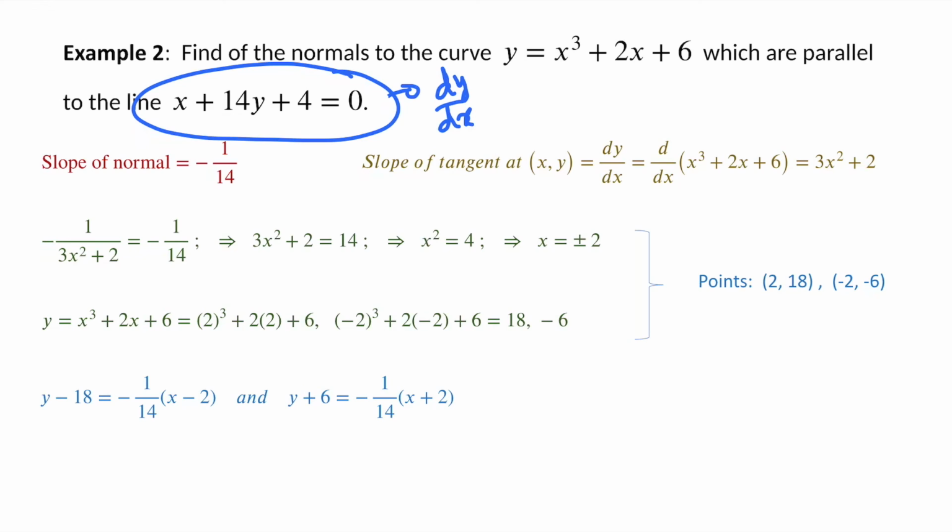Please remember here that although these two normals have the same slope, given here by minus 1 by 14, the equations are not the same, because those two normals don't represent the same straight line. They are different straight lines, parallel lines because they have the same slope, but distinct lines, and they cut this curve at two different points, which are given by these two coordinates.